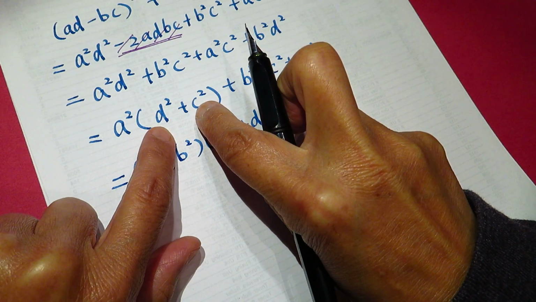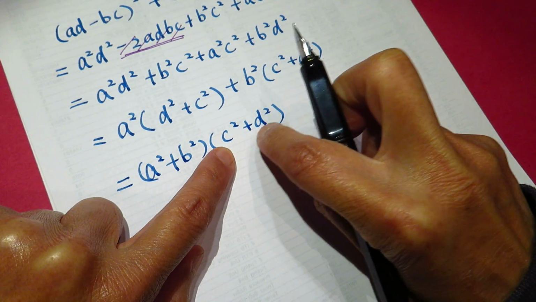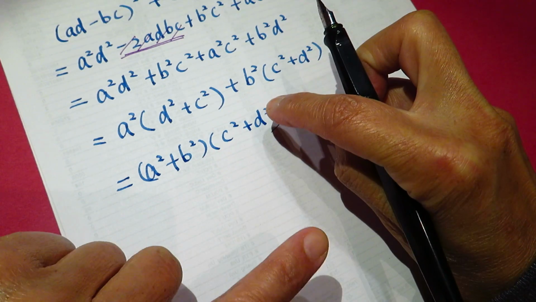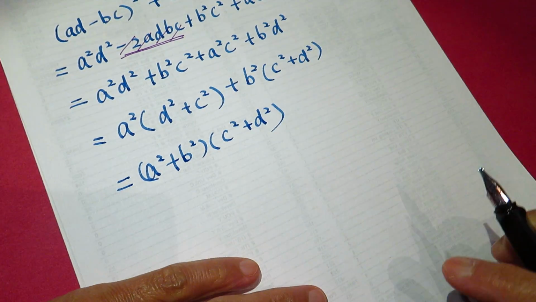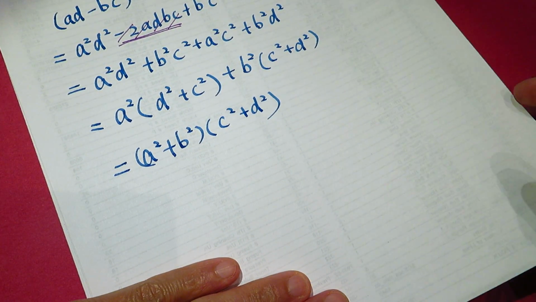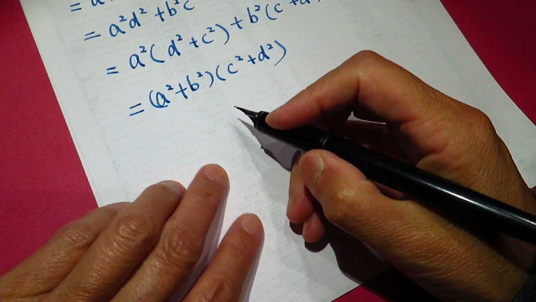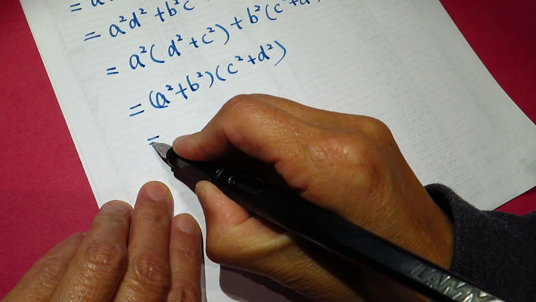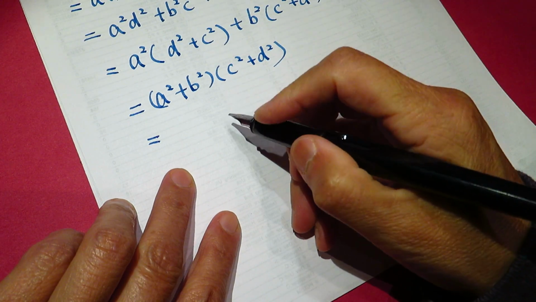d squared plus c squared is the same as c squared plus d squared, because in addition you can switch the place as long as it's addition. They are both positive numbers.